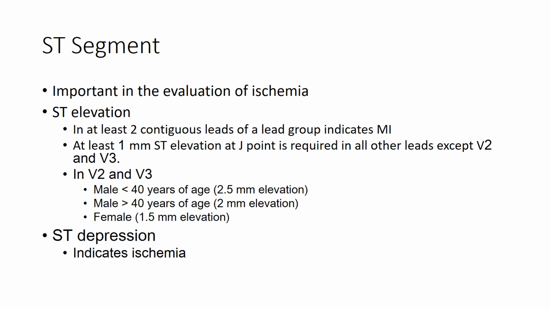And at least 1 mm ST segment elevation at the J point is required in all other leads except V2 and V3. Here it is important to mention that the J point is the point where the QRS segment joins the ST segment. It is basically the junction of QRS with the ST segment.